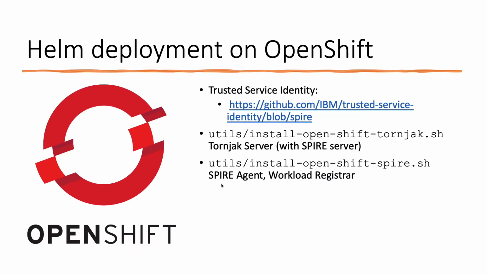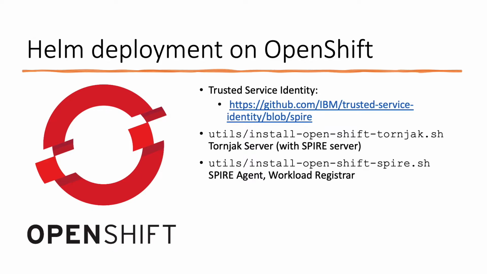Now a few words about the Helm deployment on the OpenShift platform. The Helm charts and the installation scripts are in our public GitHub repo under the IBM organization and TSI project. Under Utilities, we have several installation scripts, including two that are going to be used for this demo.